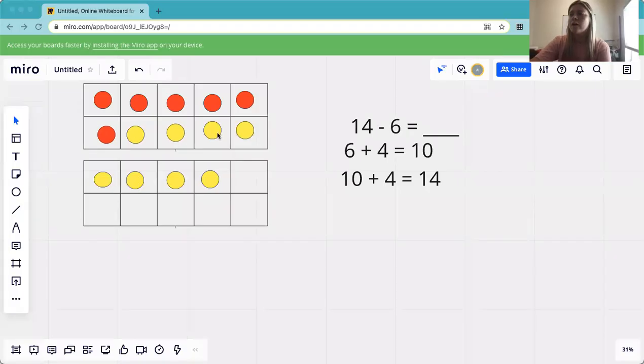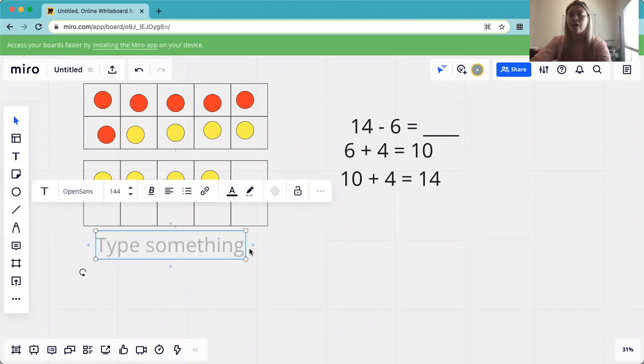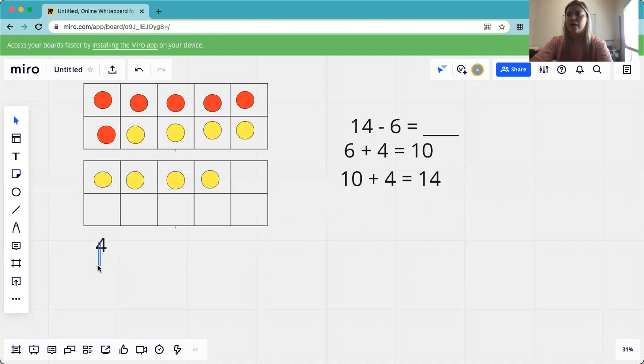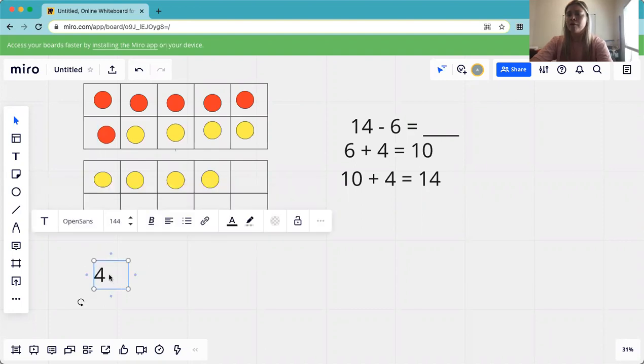Or I can look at how many I have in my first 10 frame, which is 4. I had 4 on my first 10 frame, plus I had 4 on my bottom, which would equal 8.